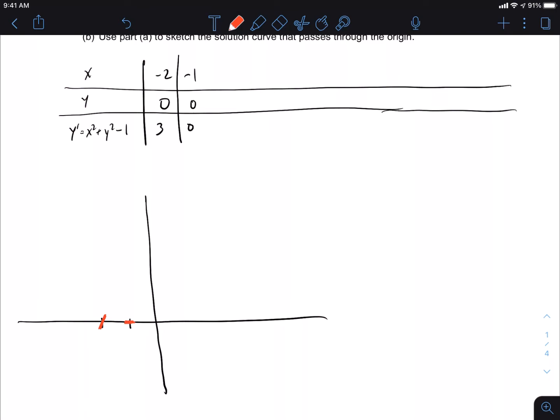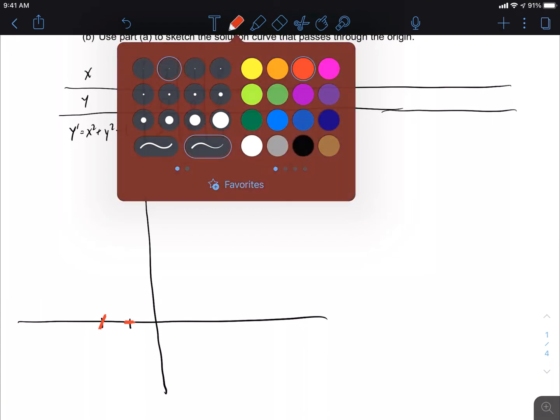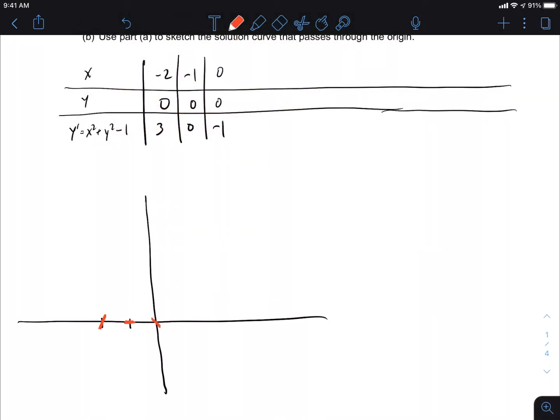That's the slope. If I use the origin, 0, 0, what's the slope? -1. So I want that to stick out, so that's a -1.